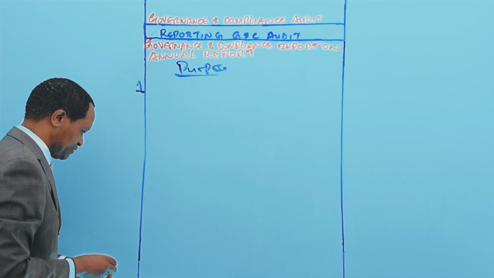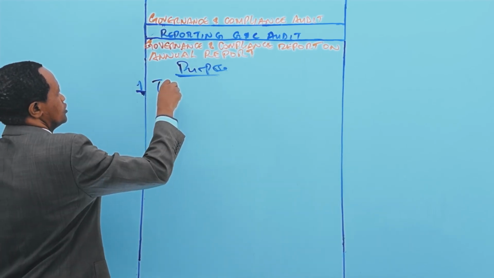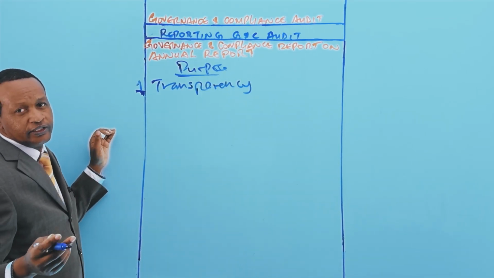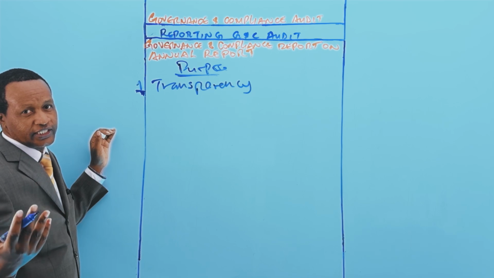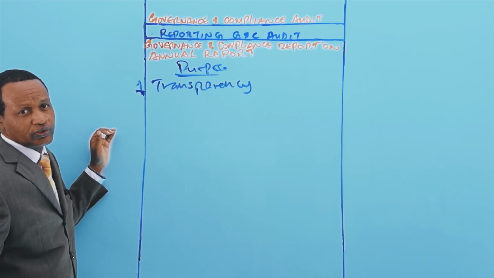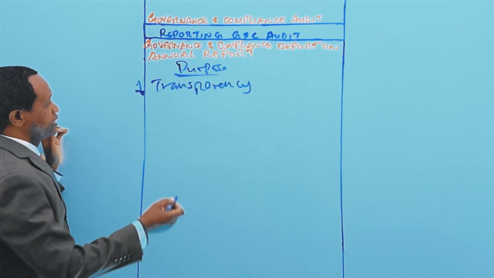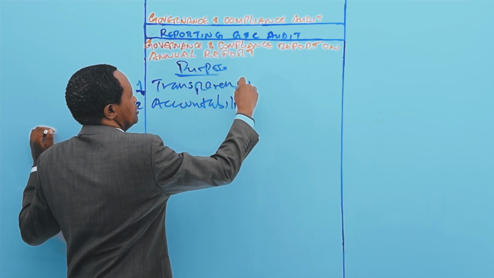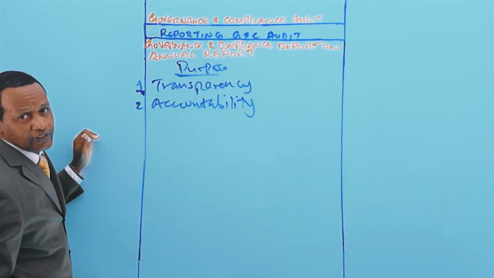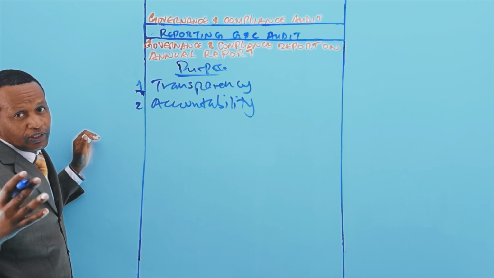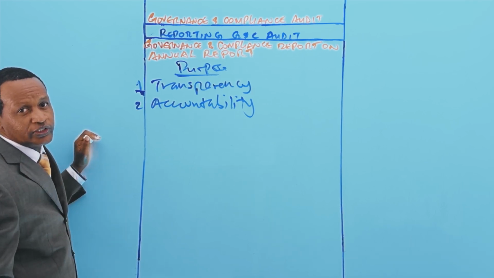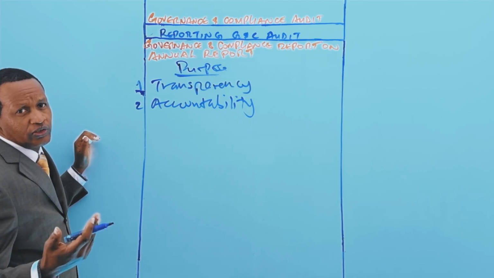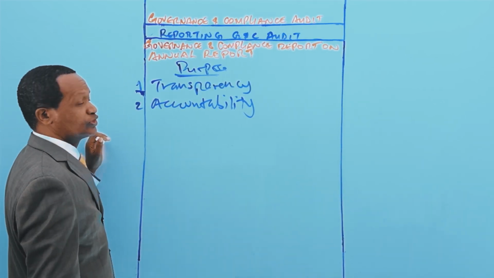One is transparency. This report provides stakeholders with an understanding of the board's oversight and the effectiveness of the risk management framework. Another purpose is accountability. It forces the board to publicly state whether they have followed the relevant governance codes, like the corporate governance code or like the Mongozo code, and so on.